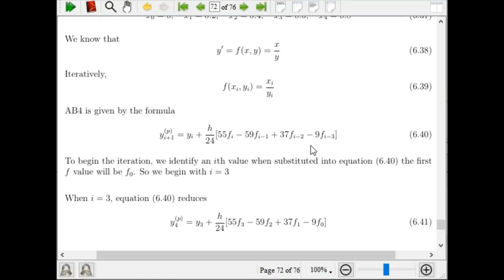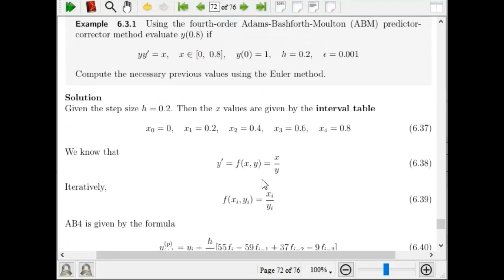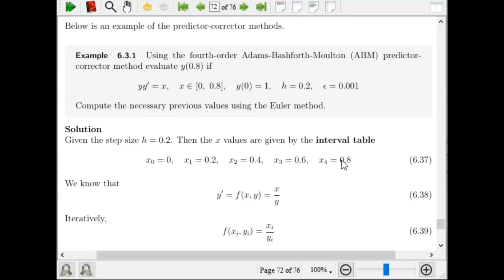So when you look at this critically, it is only when we start from i equal to 3 that we get the first value, which is y4. So the first value is giving us y at this point.